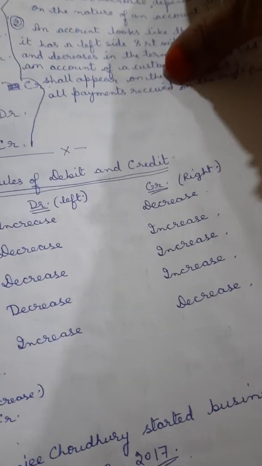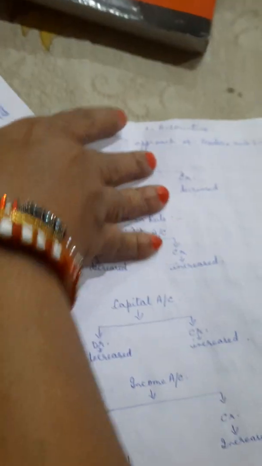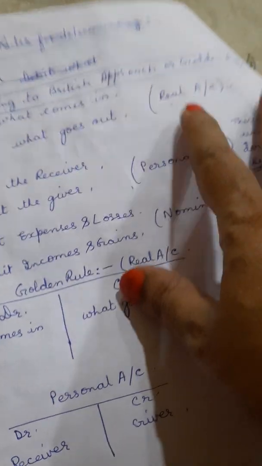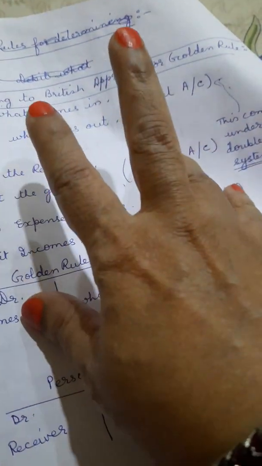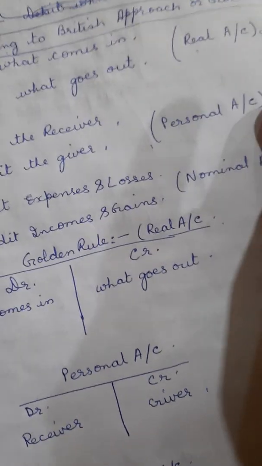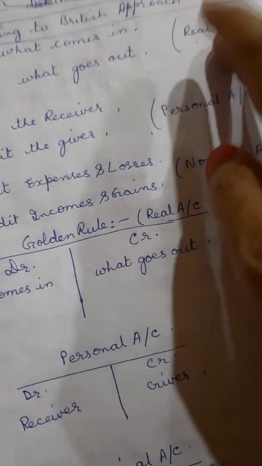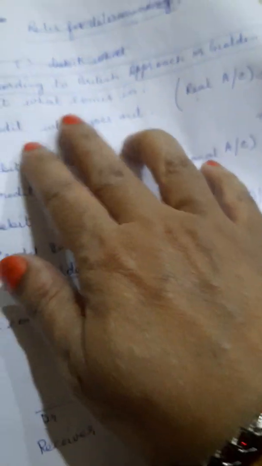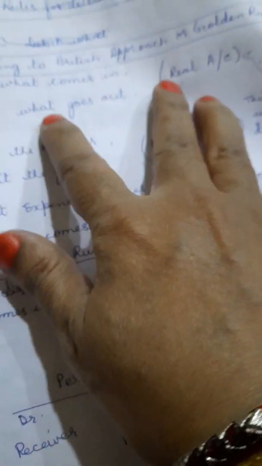Next we will proceed according to the British approach or golden rule. There are three accounts: real account, personal account and nominal account. In a real account, debit means what comes in and credit means what goes out.